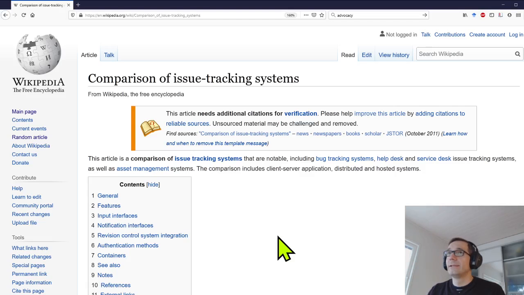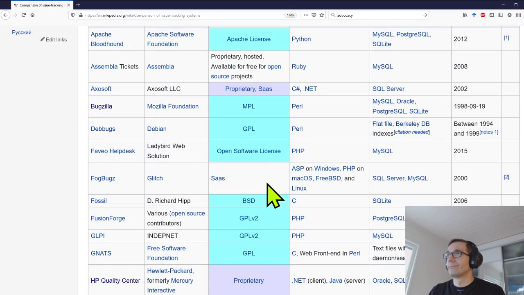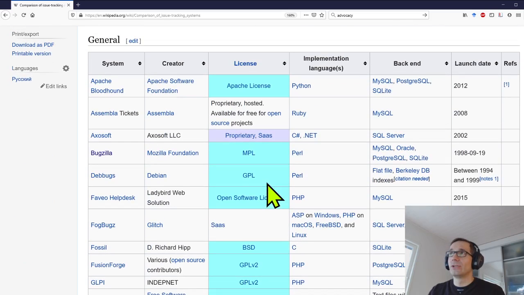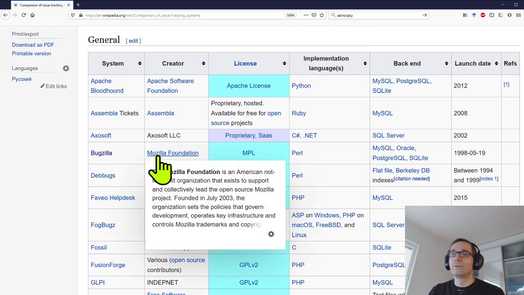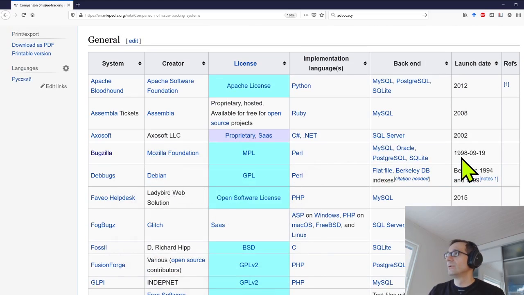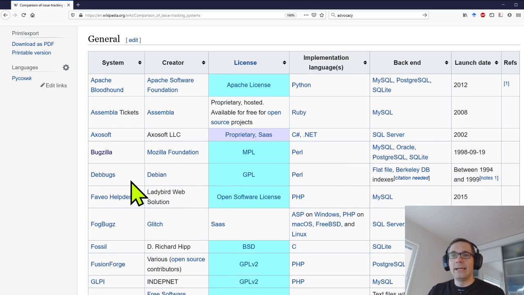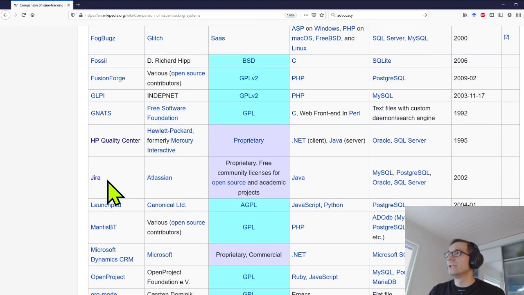And on Wikipedia there is an actual page comparing issue tracking systems. And we can see that there is no shortage of issue tracking systems. We can see Apache Bloodhound, we can see the previously mentioned Bugzilla, one of the oldest systems that is still available, launched in 1998. We can see Jira, launched in 2002.